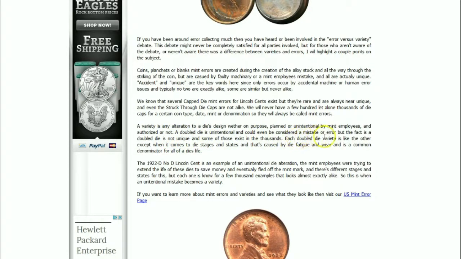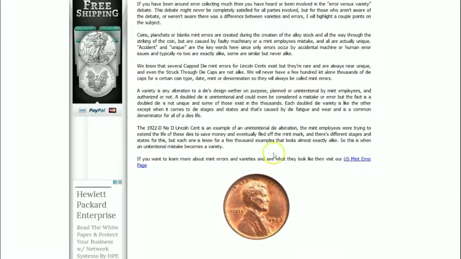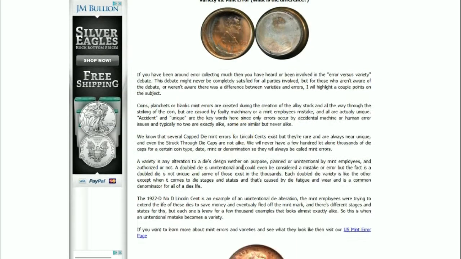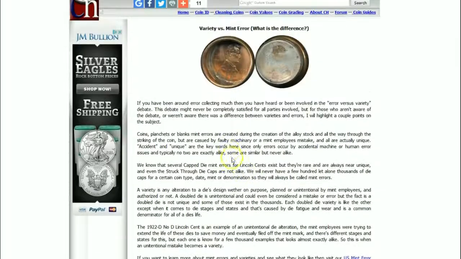Each double die variety is like the other, except when it comes to die stages, which is caused by die fatigue and wear, and is a common denominator for all of a die's life. And this article is geared more towards the Lincoln cent, because so many of them were produced, and you can see the differences there.